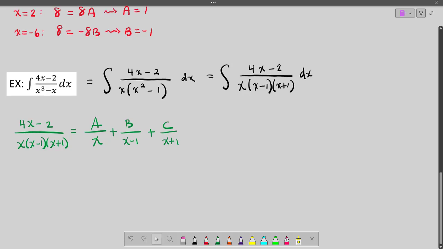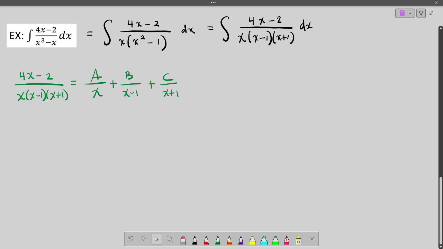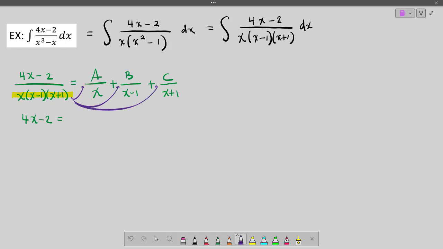And then we multiply both sides by the left denominator. Our goal is to clear fractions. So we're going to multiply both sides by that. And when you multiply it by that first fraction, you have an x that's going to cancel.